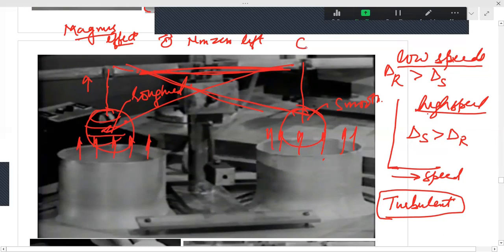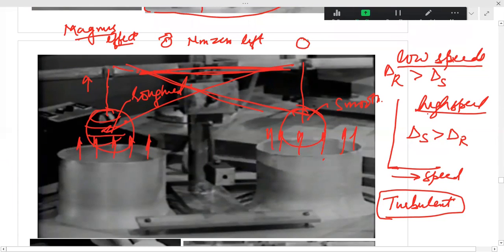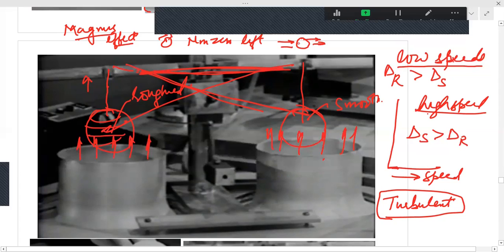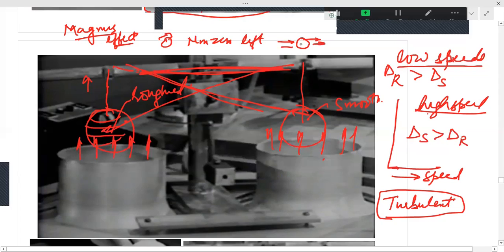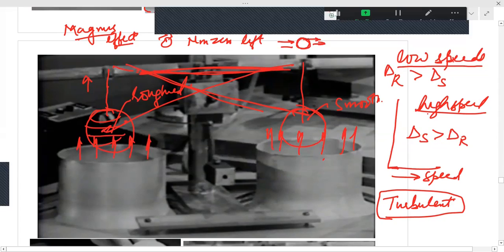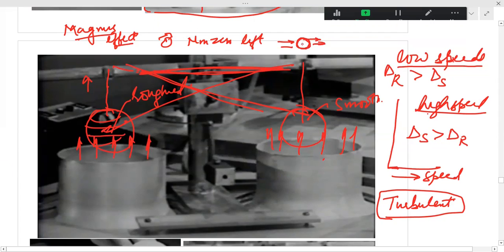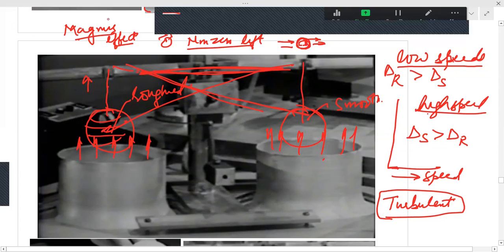If the ball is stationary, it is a symmetric object, so in the flow it will have zero lift. Although it may have non-zero drag, it will have zero lift because it is symmetric. But if the ball itself is rotating, then it will have non-zero lift. That was observed by the scientist Magnus, and it is called the Magnus effect.